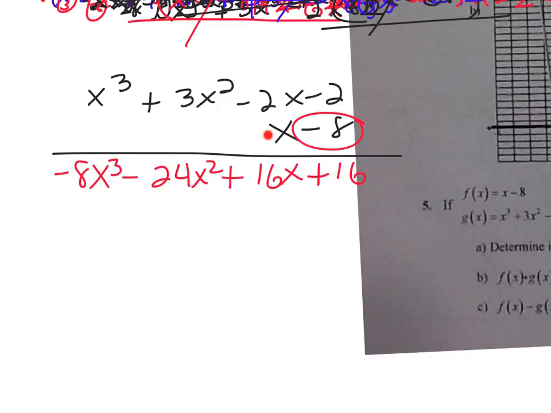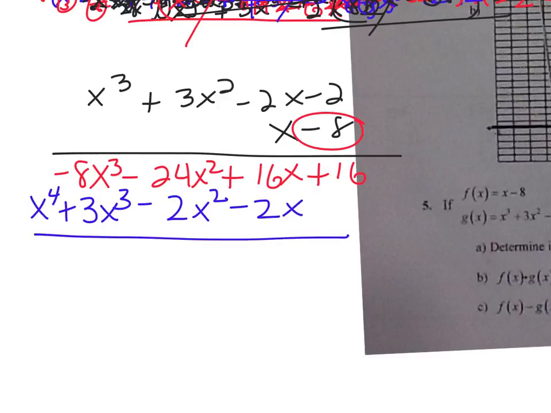All right, now we're going to want to multiply x. X times negative 2 is negative 2x. X times negative 2x is negative 2x squared. X times 3x squared is 3x to the third. X times x to the third is x to the fourth.